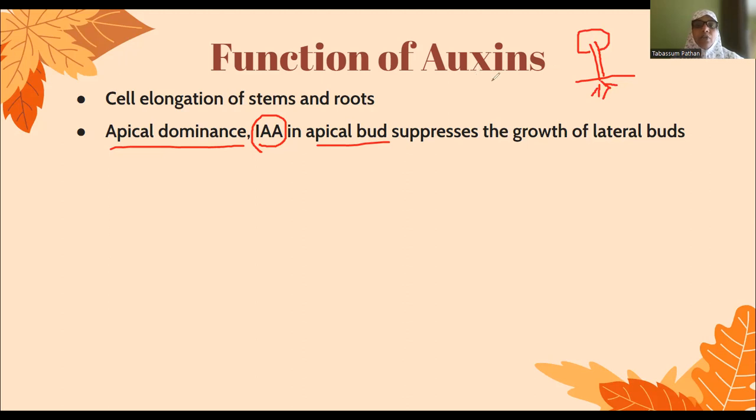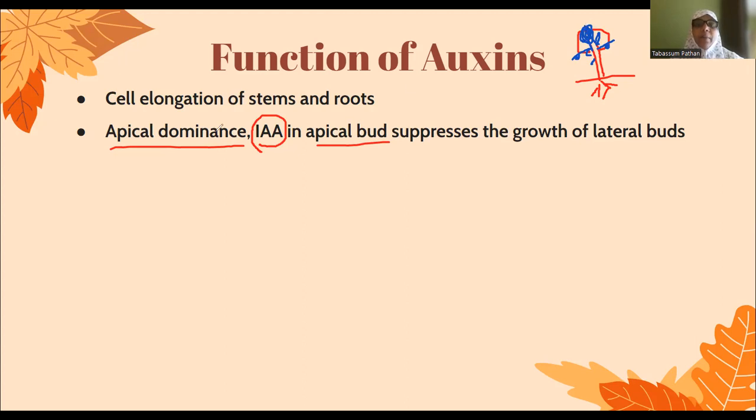So this apical dominance: if a bud is located over here at the top part, you have, let's say, a top bud at the tip, and then you have some small buds at these branches, and one bud is at the top which is growing further.